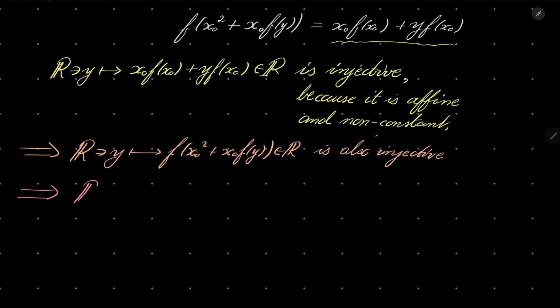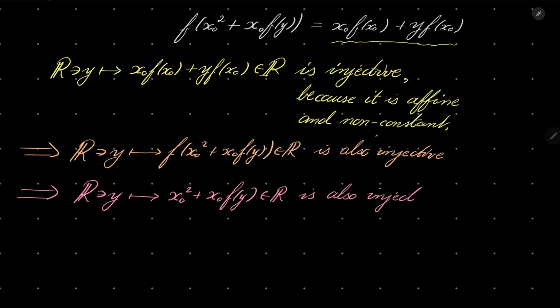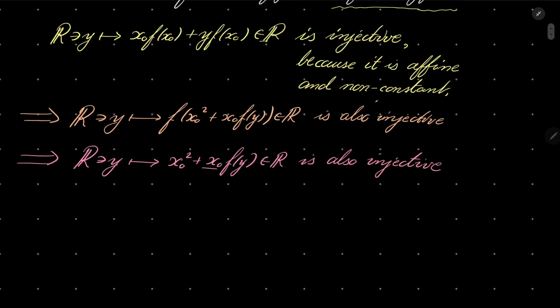So the function which takes a real number y and maps it to x0 squared plus x0 f of y is injective. And that means two things. First of all, x0 cannot be 0, obviously. And f must be injective as well.